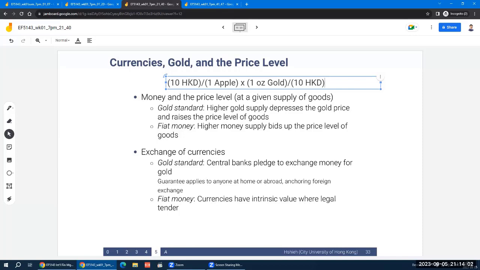Okay, so that's a conversion rate we cannot change. Gold standard means if we say this is the convertibility, we cannot change it. Then the price of apple in terms of gold is the following.